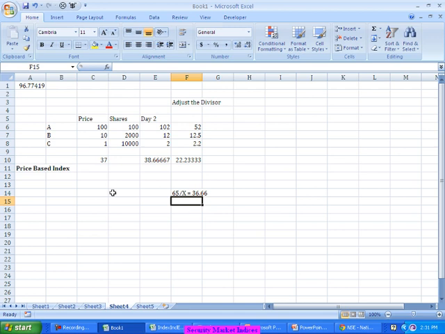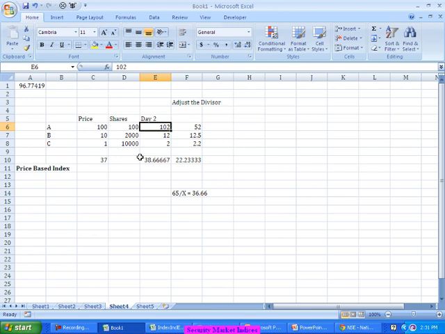Getting this? Before, see, the index here is 38.66. Just a corporate split, just a stock split should not change the index at all. So even after I make this 51, which is a split, even after I split this stock, the index should be still 38.66 only.